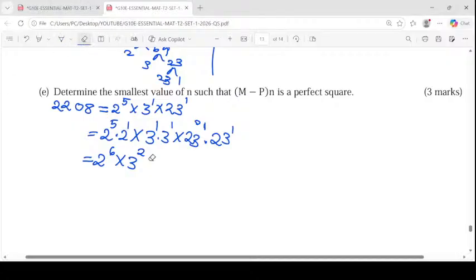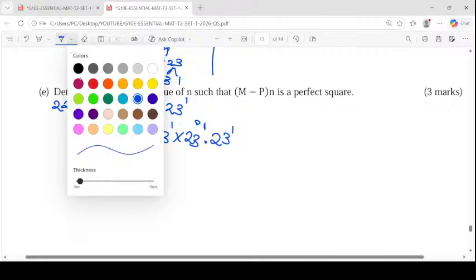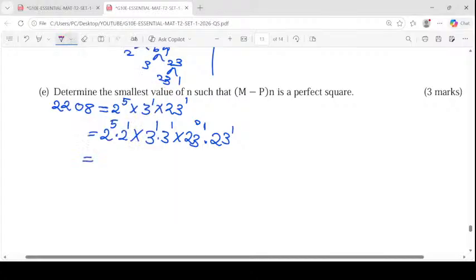But now the new number will be the one formed by these numbers here. Let me highlight using a red pen. It will be the one formed by this. I've added this 2 power 1. I've added this 3 power 1. And I've added another 23 power 1 here. So those will form the new number n.